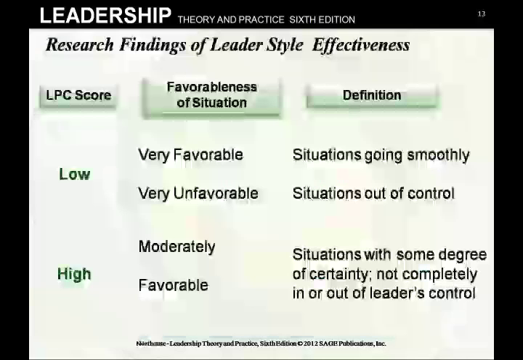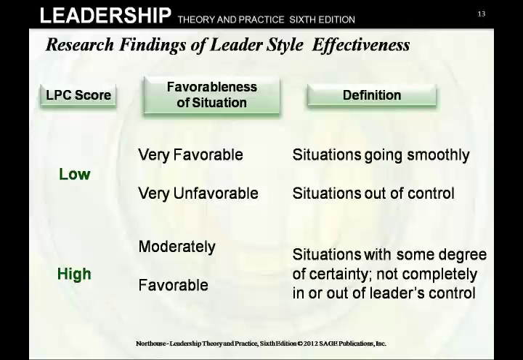So based on the research findings, the contingency theory states that certain styles are effective in certain situations. People who are task-motivated, low LPC, will be effective in both very favorable and very unfavorable situations. That is, in situations that are going along very smoothly or situations that are out of control.